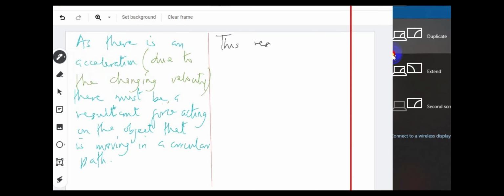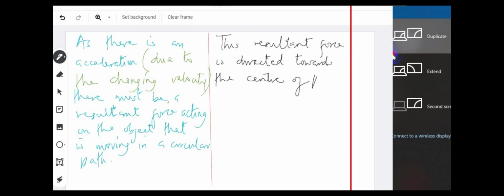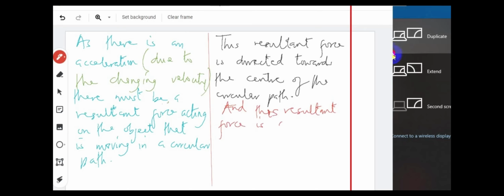This resultant force is directed towards the center of the circular path, and it is called the centripetal force.